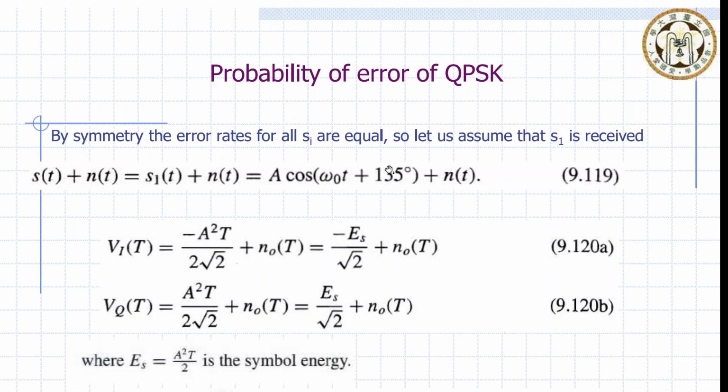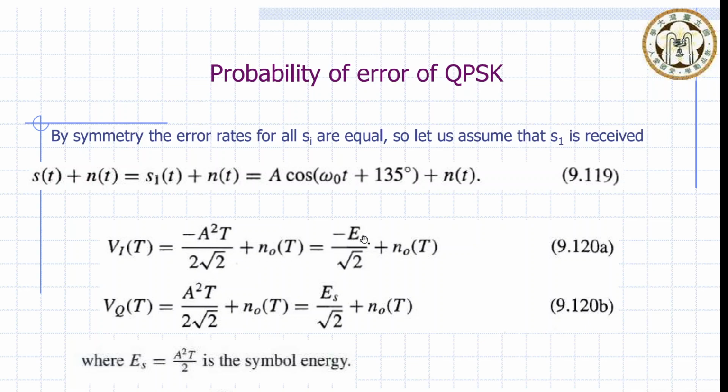When this is passed through the integrator, multiplied with A cos omega 0 t, and integrated from 0 to T, what we will get is minus A squared T by 2 root 2 plus n0 of t. n0 of t is the output of n of t passed through the correlator, that is, n of t multiplied with the carrier, then integrated from 0 to T and sampled at t equal to capital T. So VI of t is minus A squared T by 2 root 2 plus n0 of t.